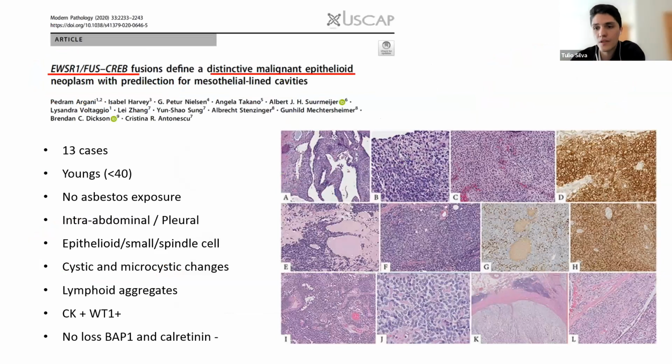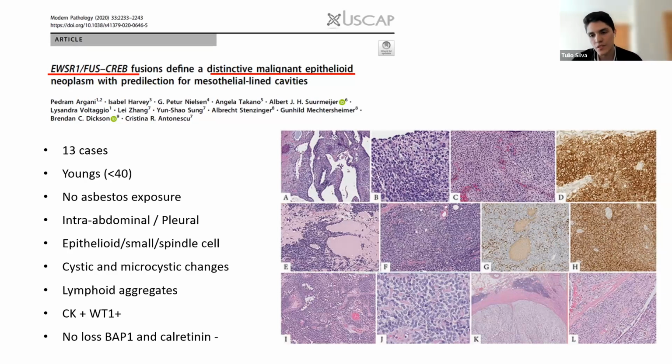This is the publication where they describe a distinctive malignant epithelial neoplasm with EWSR1-CREB fusions with predilection for mesothelial cavities. This tumor was described in 13 young patients with no asbestos exposure, located mainly intra-abdominally and in pleural cavities, showing epithelioid to small and spindle cell proliferation with cystic and microcystic changes, and presence of lymphoid aggregates like in AFH, showing some resemblance to this tumor.